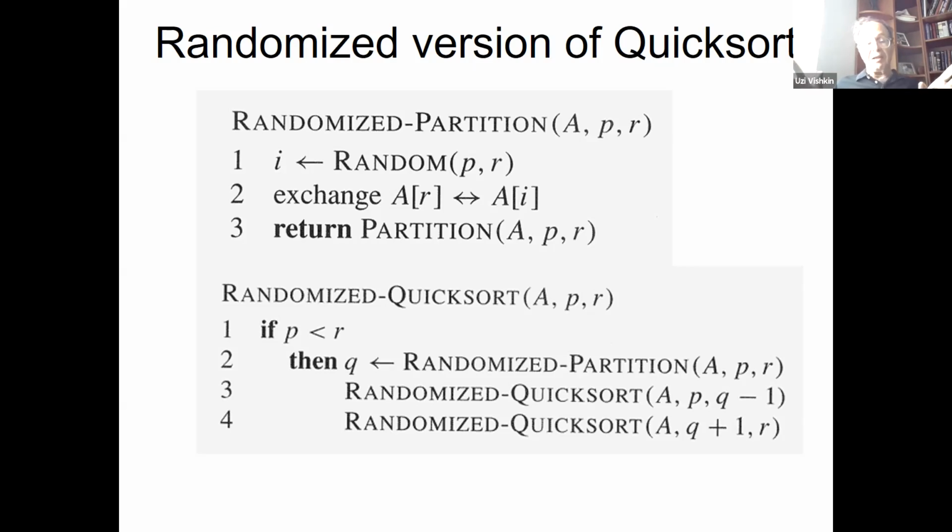But if you pick the element in an arbitrary fashion, nobody guarantees you that you're making a good choice, because maybe you're selecting always the largest element or the smallest element, and then you don't get any partition. And we already explained why the worst case behavior of quicksort is n squared, which is as bad as you can get in this type of sorting algorithm.